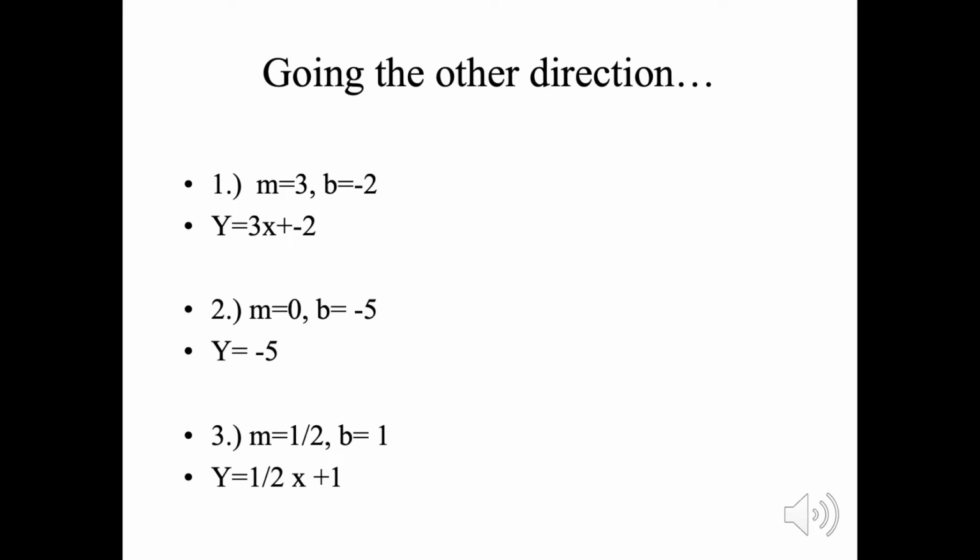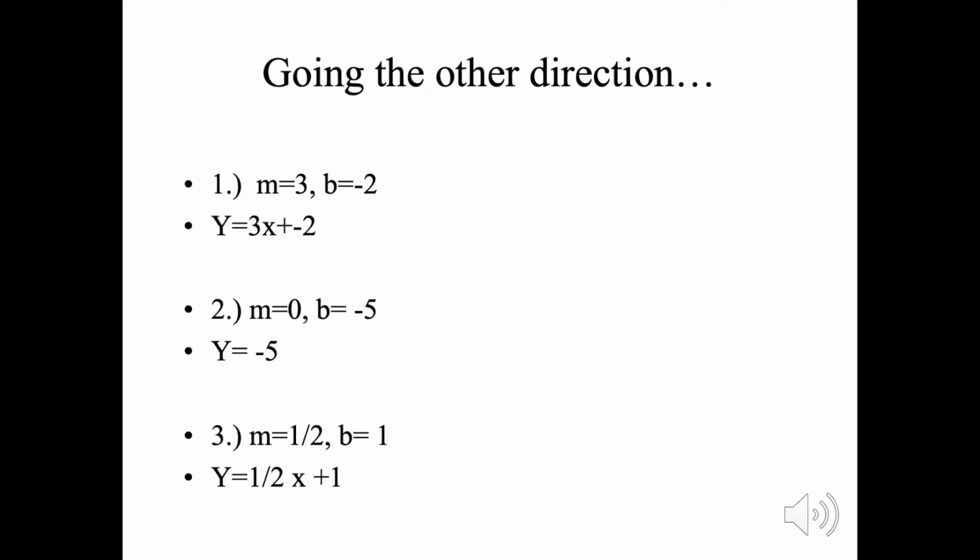This time, you're going the other way. For example, you get given 2 numbers and you have to put them into the equation. This is really simple. Firstly, you have to lay out the y equals mx plus b formula. Afterwards, you just replace the letters with the numbers. For example, the first one, y equals 3x plus negative 2. You simply do the y equals mx plus b formula by replacing the letters with the numbers.